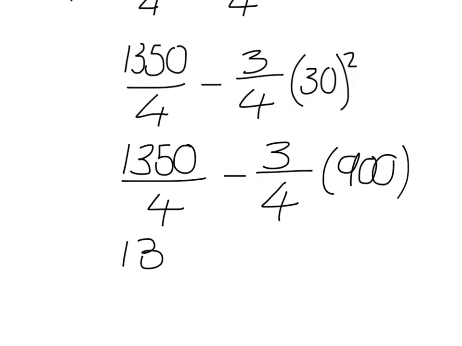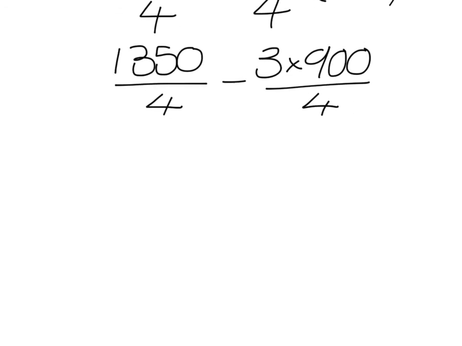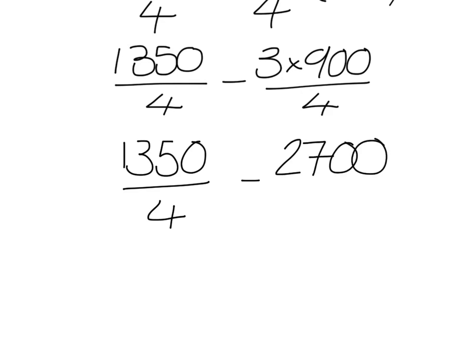That's 1350 over 4, take away 3 times 900 over 4, which is 1350 over 4, take away 3 times 900 is 2700 over 4, and quite clearly we have one fraction take away a bigger fraction, which means our answer is going to be negative here.